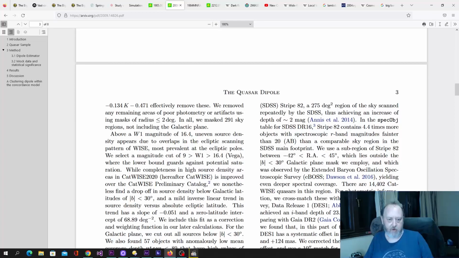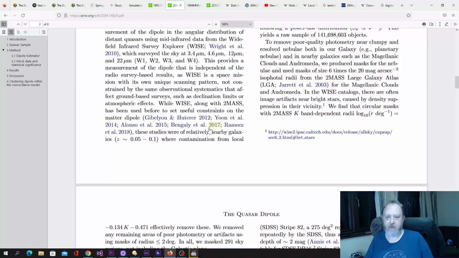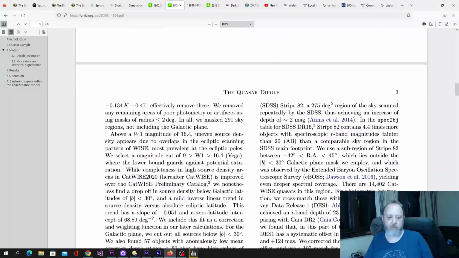In all, we masked 291 sky regions, not including the galactic plane. So effectively, trying to remove anything that has a poor quality image from this collection of objects.